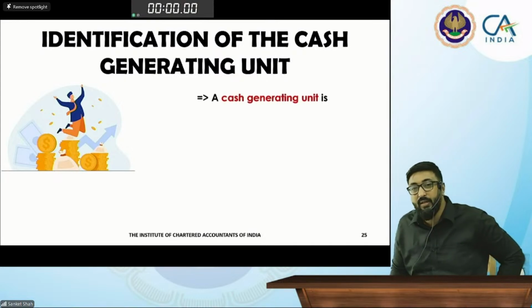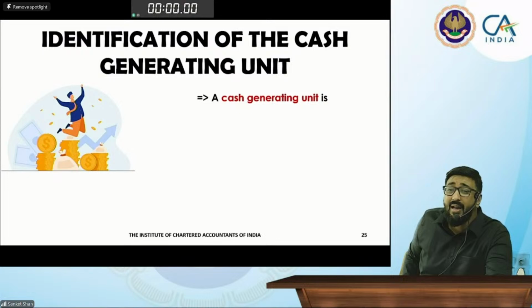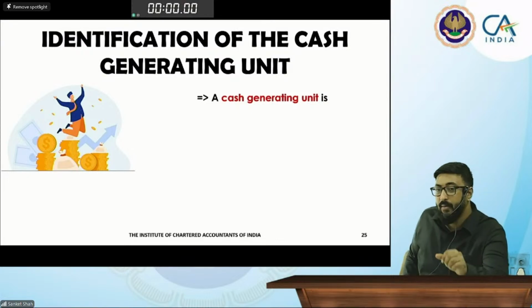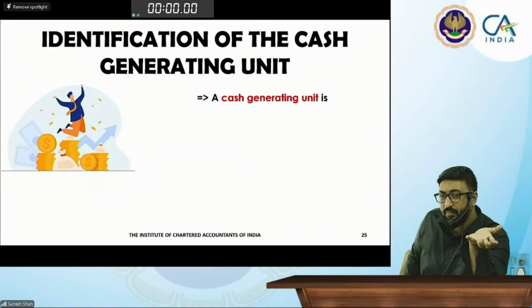What is a cash generating unit? Sometimes a single asset is not giving you inflows. In simple language, I will explain it with my family example. Suppose we are four persons in the family: me, my wife, my mother, and Daksh, my son.